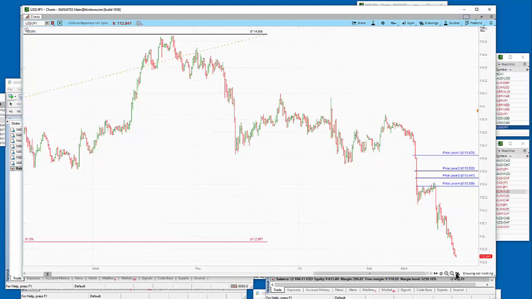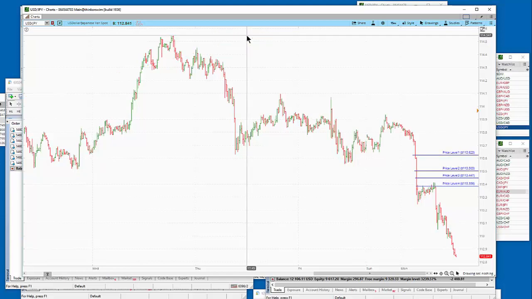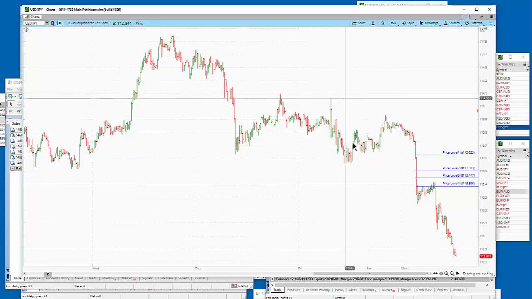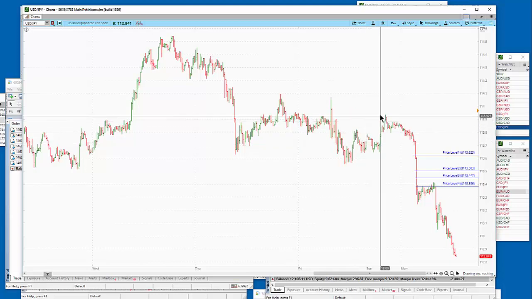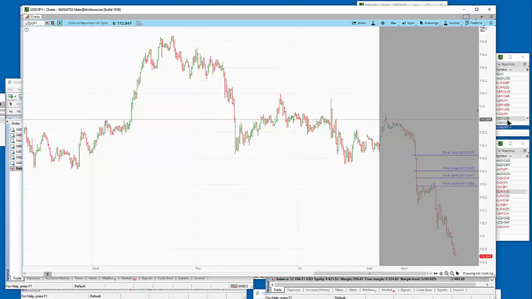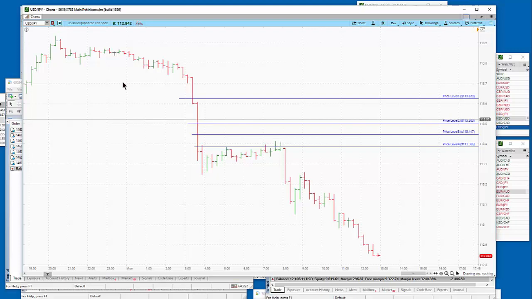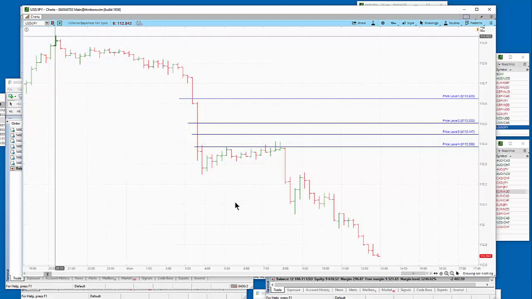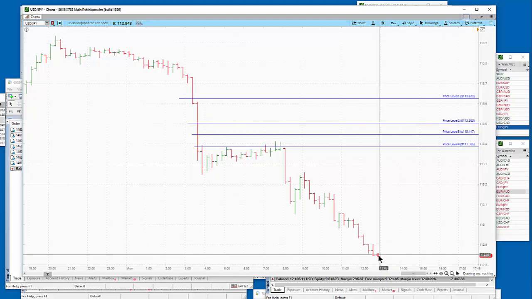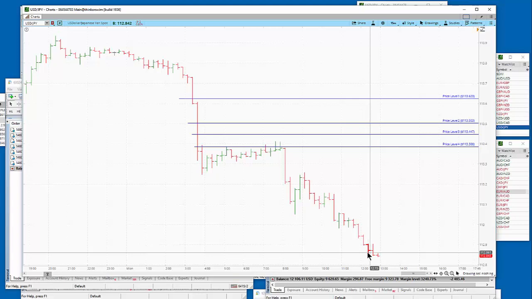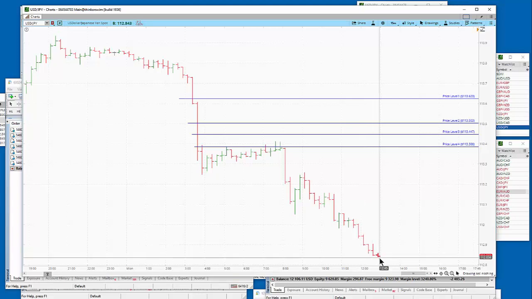So for right now, we're going to come back to the time frame where we entered the trade, and that is a 15-minute time frame, and we really only want the data for the high today. So in this trading day, there's the high, there's the low so far, right? That's a little bit lower than the low was when we started talking almost 45 minutes ago. So the price has come lower.